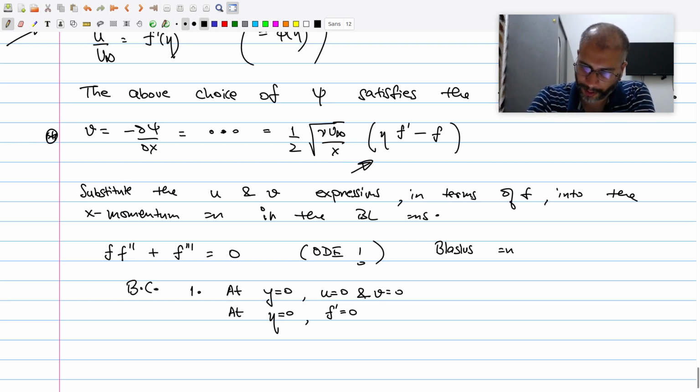So when v is 0, f prime has already been made 0, so what that means is even f has to be 0 for v to be 0. Remember that f equal to 0 comes from v only because f prime is also 0.